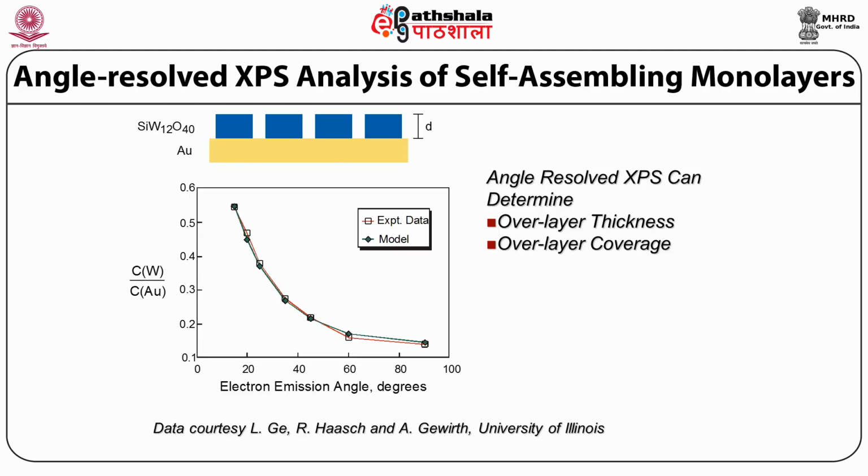It can determine overlayer thickness as well as overlayer coverage. This has been shown in the spectral part here, and this slide has been taken courtesy of L.G.R. Hash and A. Giovrith from the University of Illinois.